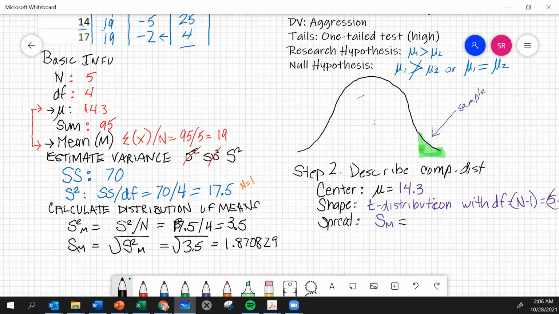So that means we can fill this last blank in, complete our drawing, and we're done with step 2.